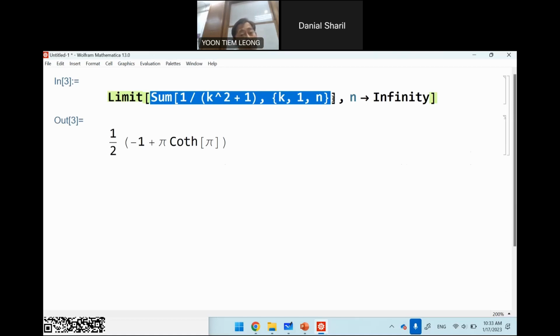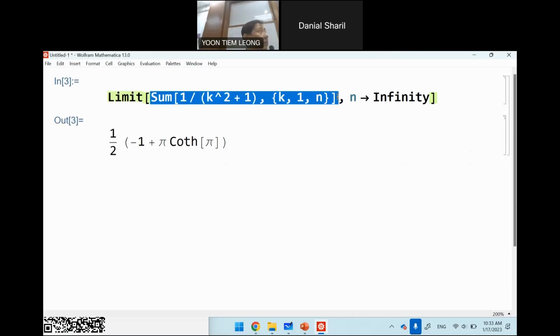You set the sum to run from 1 to n, so that this highlighted portion is a function of n.